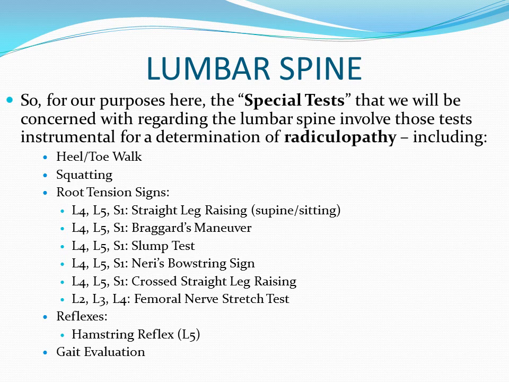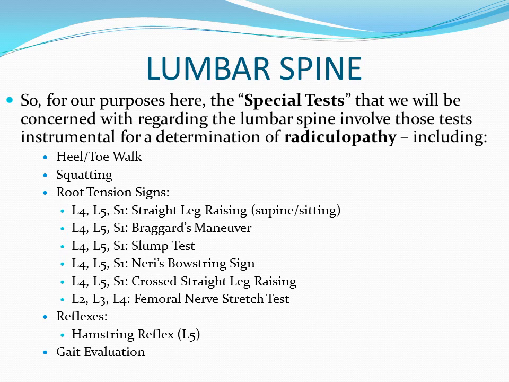Then we'll get into root tension signs, some exam maneuvers that tension the L4, L5 and S1 nerve roots, such as the straight leg raising maneuver, the Braggard's maneuver, the Slump Test, Neri's Bowstring sign, the crossed straight leg raising test, and then also for the L2, L3, and L4 nerve roots, the femoral nerve stretch test.